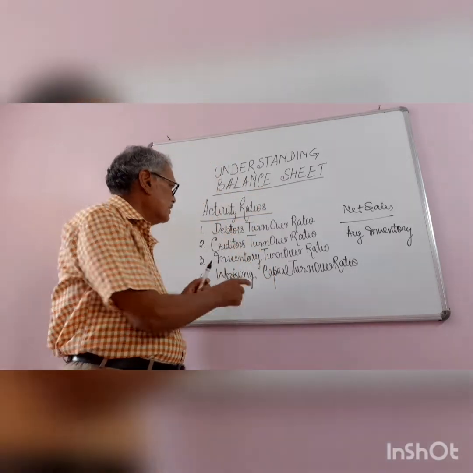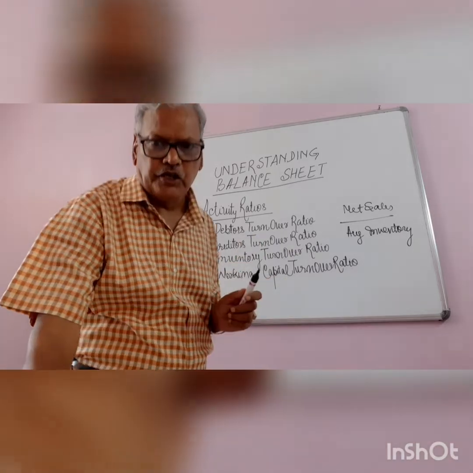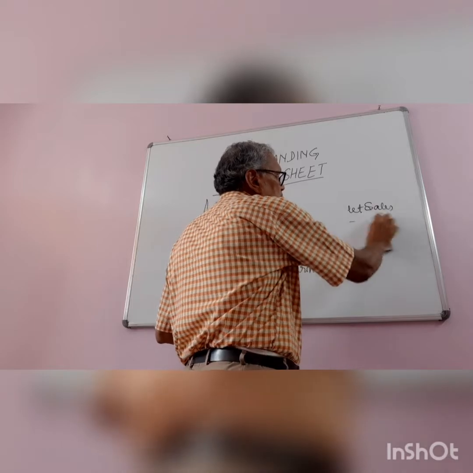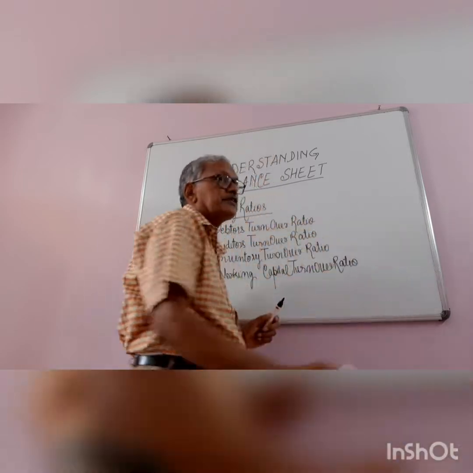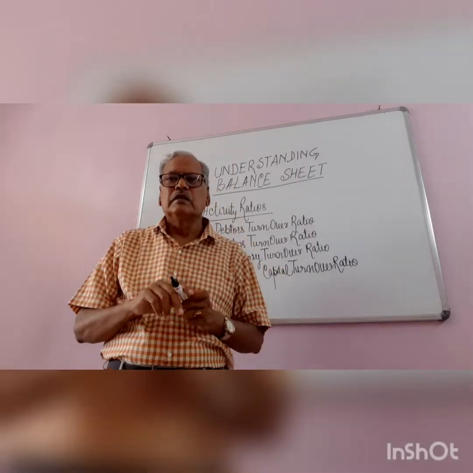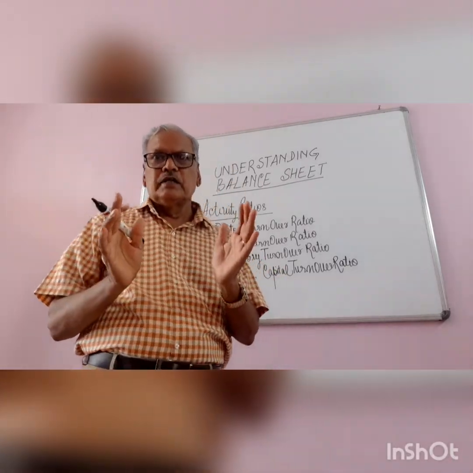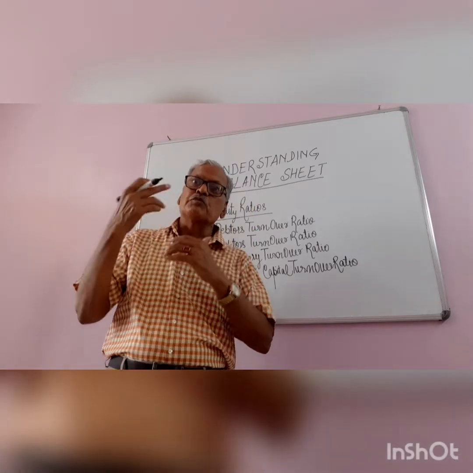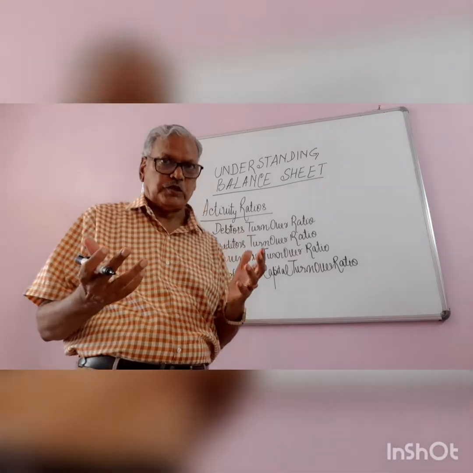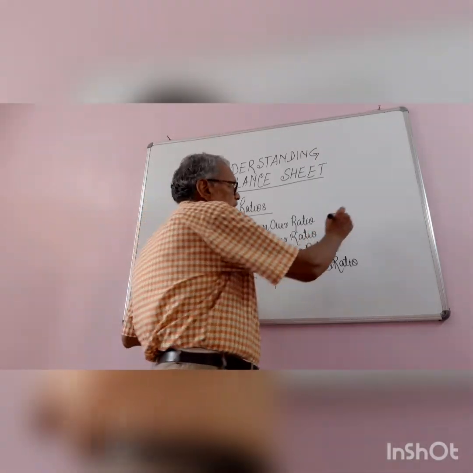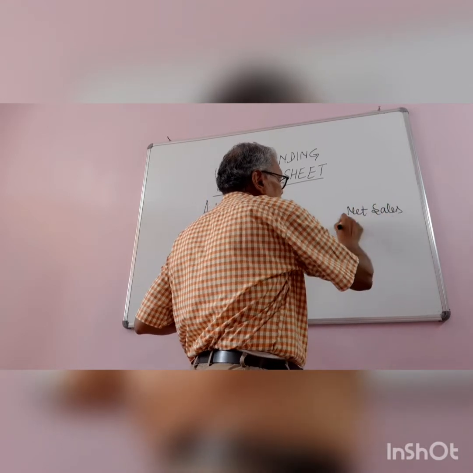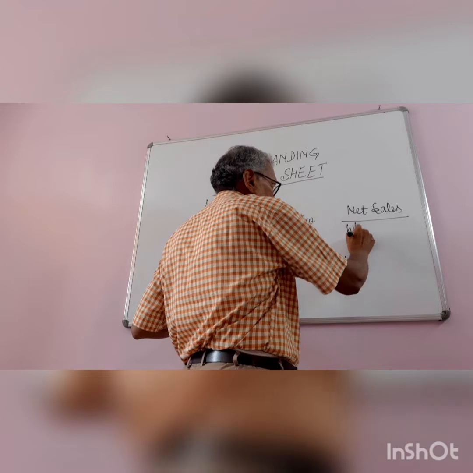Next I will come to working capital turnover ratio. Working capital turnover ratio is also important, which indicates how many times you are revolving the working capital during a year, and if the number of times is more, it will be good for the profits of the business. So let me see, again I will divide net sales by the working capital.